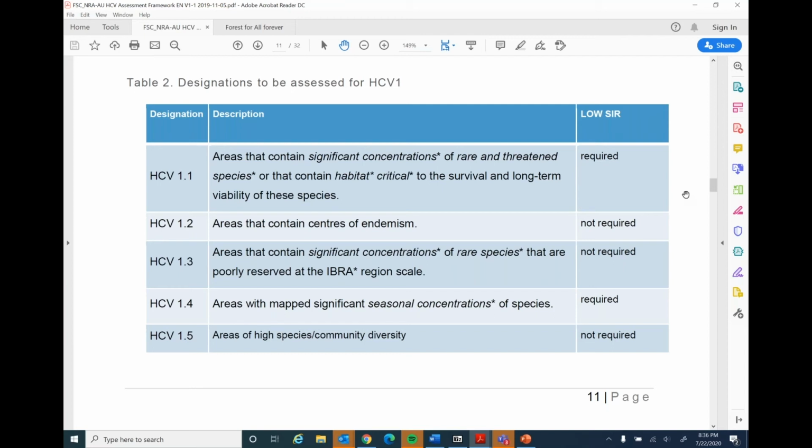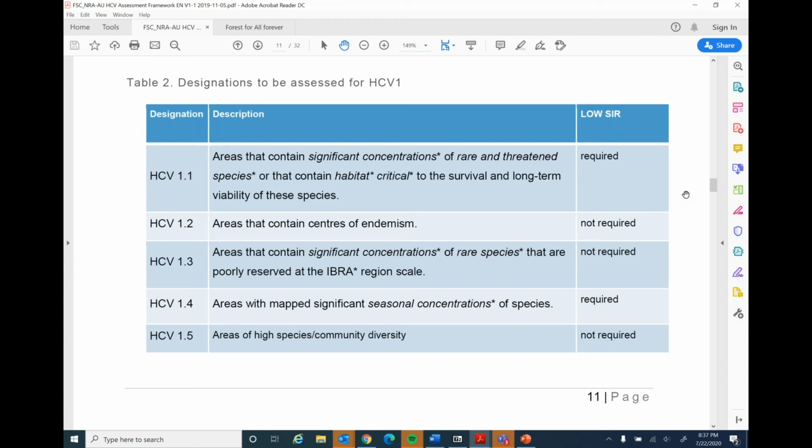The rationale for having a low scale intensity risk group is something that is well recognised within the FSC system, and it provides a means for those landowners, forest managers, forest owners who've got a relatively small area, which we know based on experience have low risk of containing certain values, and therefore low risk that harvesting activities will impact on those values, to have a more simplified means of assessment.